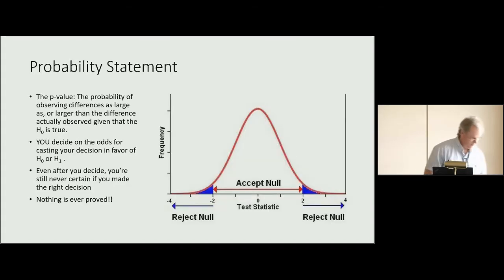So now we've done our test. We've got our test statistic. We've calculated the p-value. So what does the p-value really mean, right? The p-value is the probability of observing differences as large as or larger than the difference actually observed, given that the null hypothesis is true.